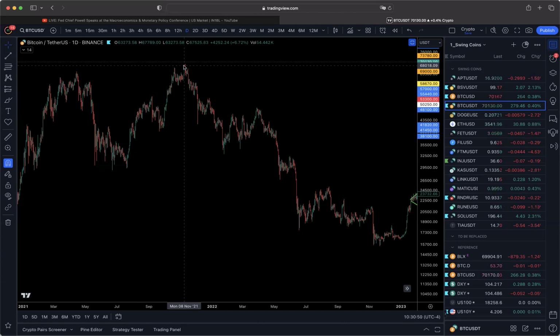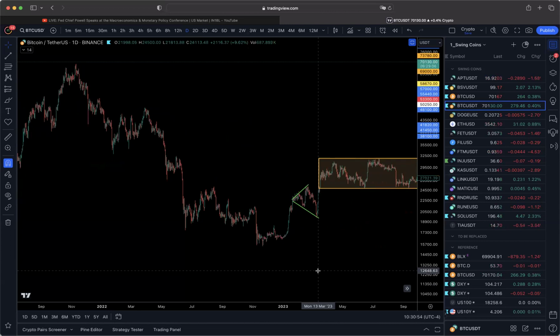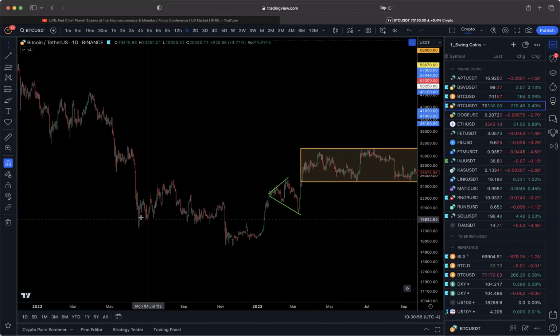We did the same thing when there was a potential bottom. I said this is a potential bottom when it was here. Then FTX happened, there was another leg down. Technically it's a new low, but it was more like somebody pushing someone off the cliff.